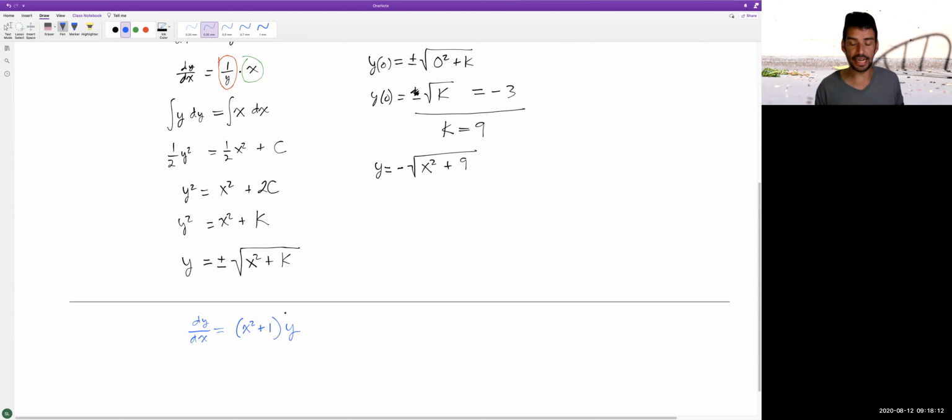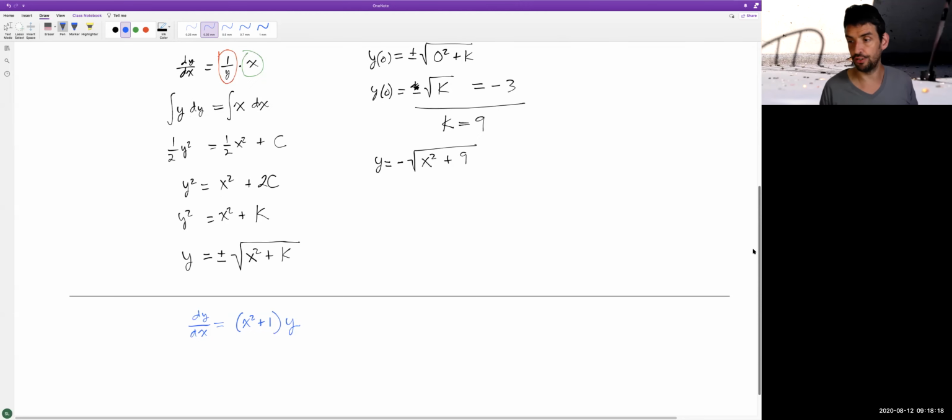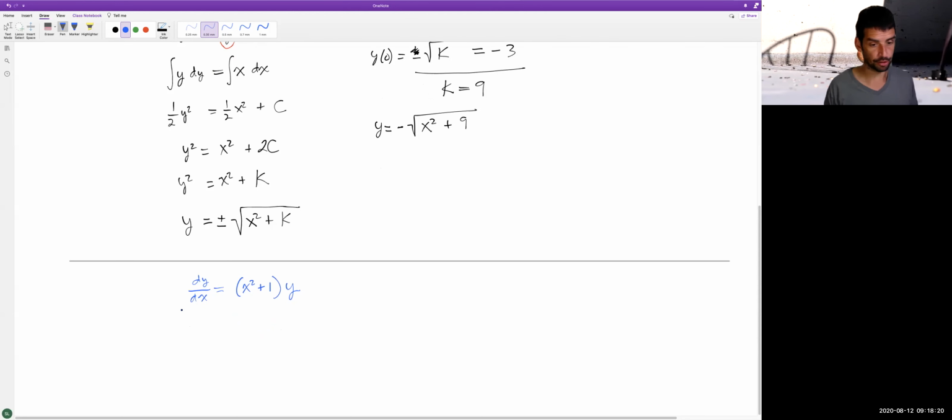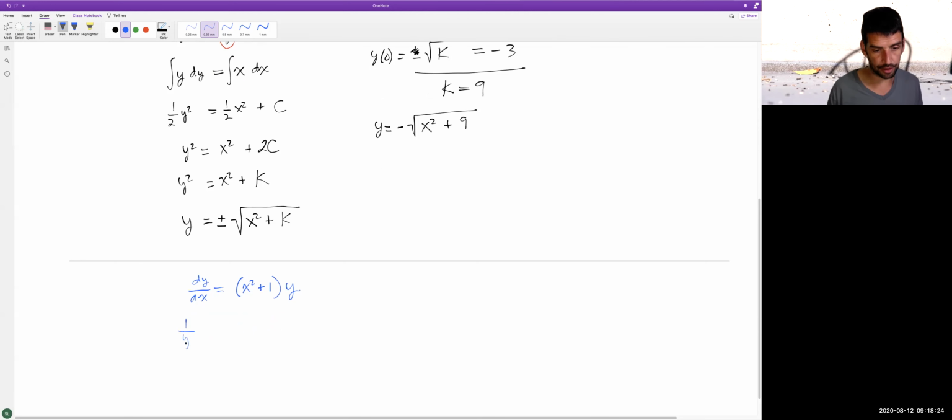Again, it's pretty obvious here that there's two functions that are multiplied together. One is a function of x, one is a function of y. So we're just going to follow the program. I'll divide y to this side, so I'll get 1 over y dy, and take the dx to the other side.